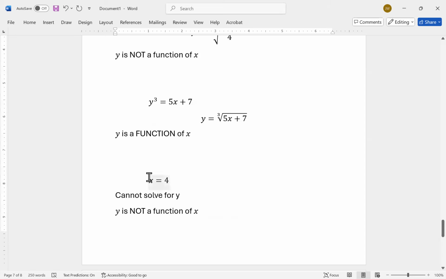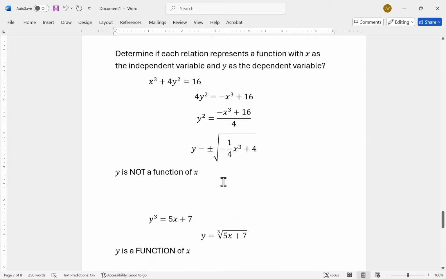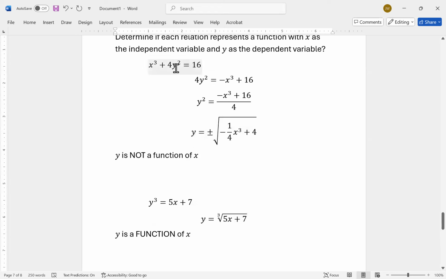There's no y involved here, so I can't solve for y when I have x equals 4. So that one is not a function of x. So be careful with that. Can't deal with squareds on our y's, generally speaking, but generally speaking, we can deal with cubes on the y's.